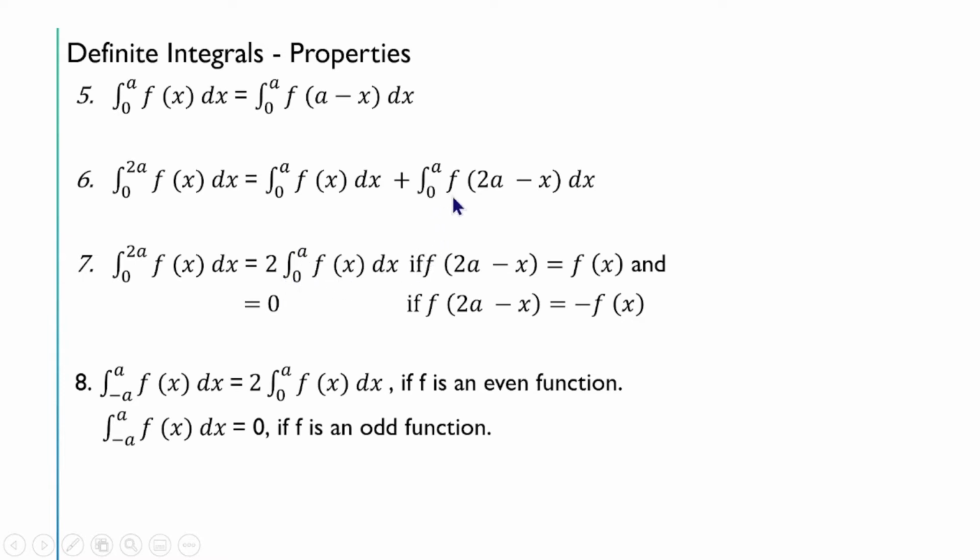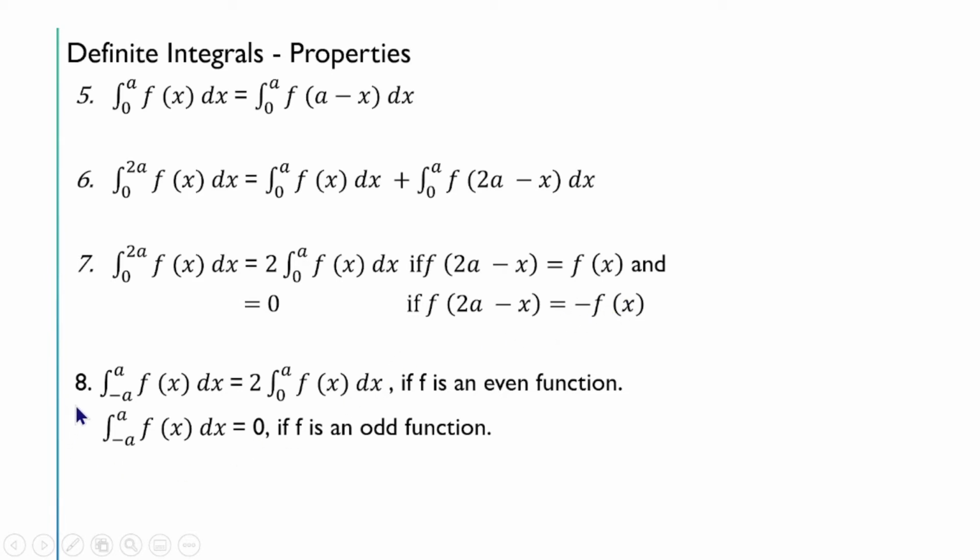And if f of 2a minus x is equal to minus f of x, then these two will cancel out and we get 0. So in that case, integral 0 to 2a f of x dx equal to 0, that is when f of 2a minus x is equal to minus f of x.